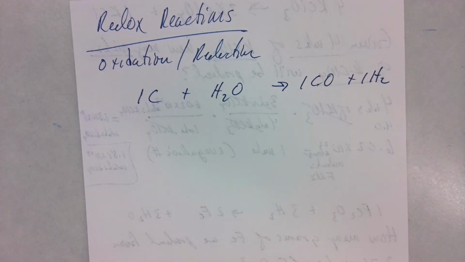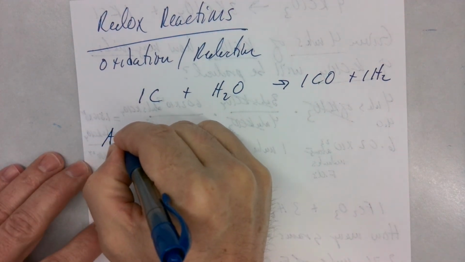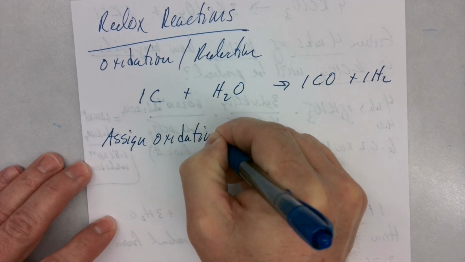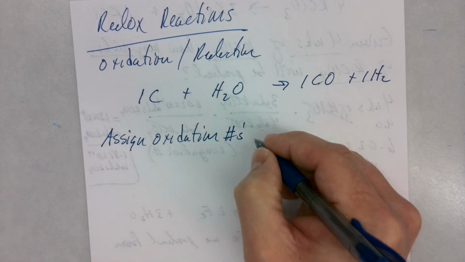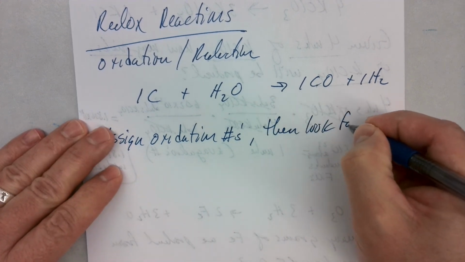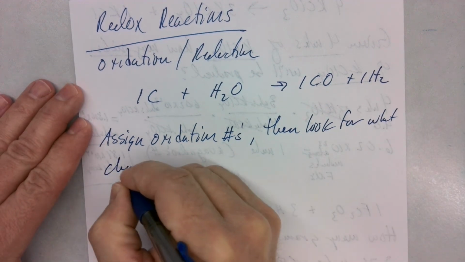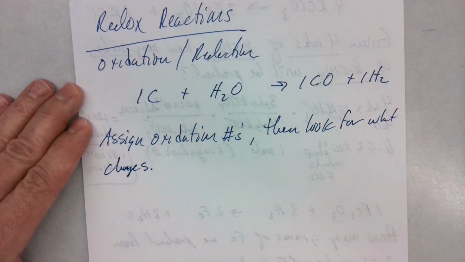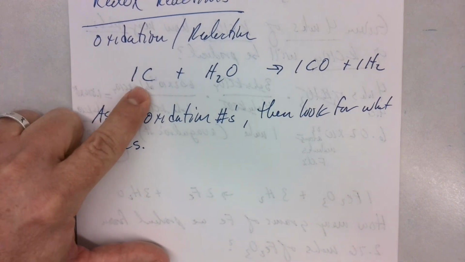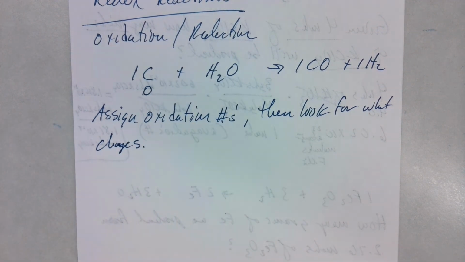Now, what you're going to do is assign oxidation numbers, right? And then look for what changes. Now, what that means is this. Whenever something is elemental, like this carbon is, it always has an oxidation number of 0.